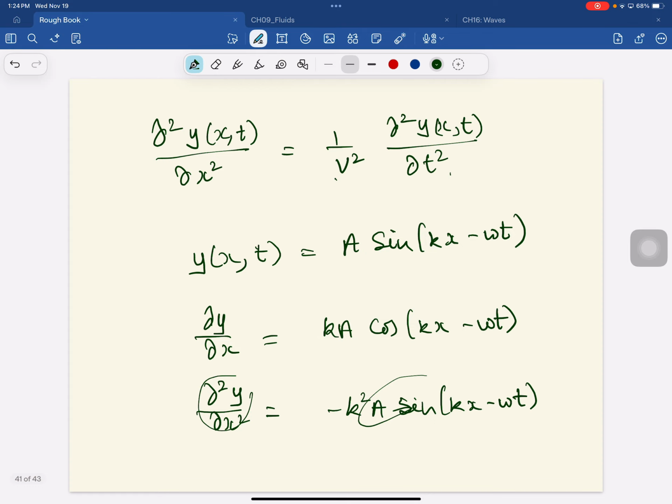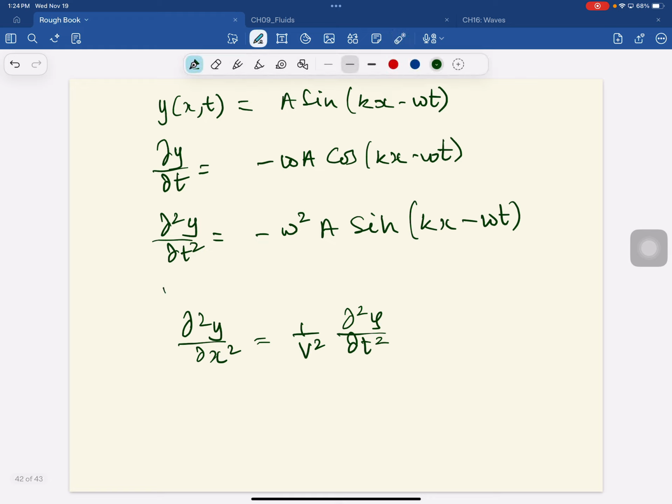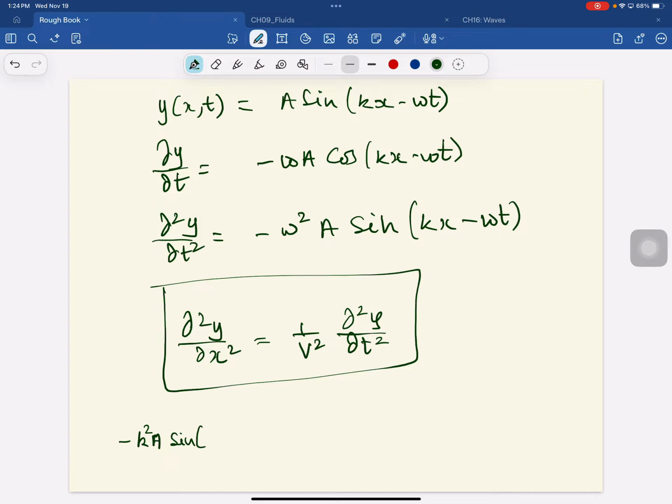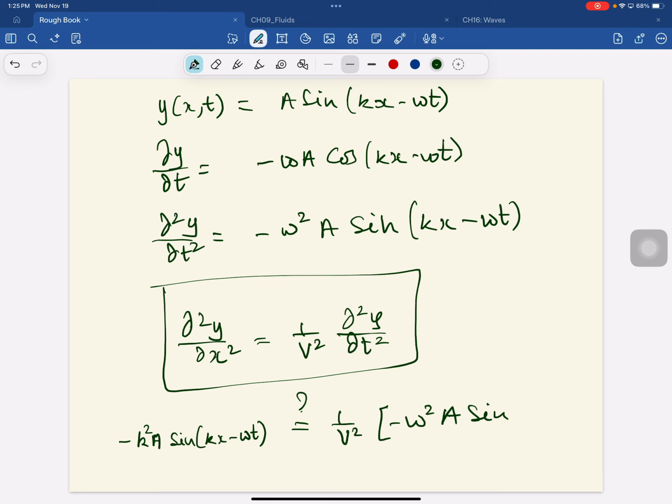Okay, so del squared y by del x squared is that. We're going to put that here: minus k squared a sine(kx minus omega t). Is this equal to 1 over v squared del squared y by del t squared, which is minus omega squared A sine(kx minus omega t)?